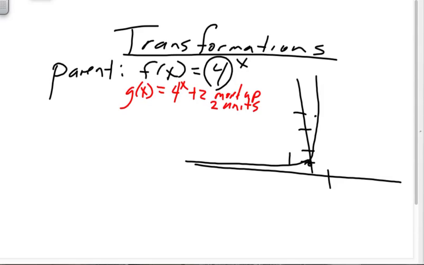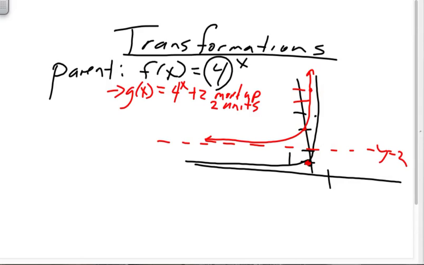So what I do then is I just take my points here and I move them up 2 units. So 1 will go up to 6. And my asymptote is also going to get moved up. And so that's the graph of this guy right here. My asymptote then is going to be at y equals 2.